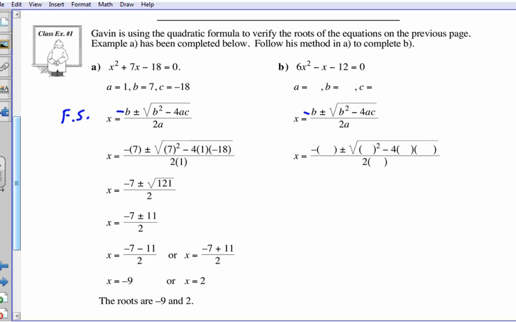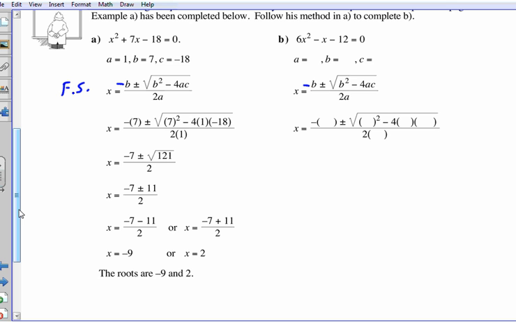So negative 7 plus or minus the square root of 7 squared minus 4 times A times C. So he got the answer by actually using the quadratic formula. Same answers we did.